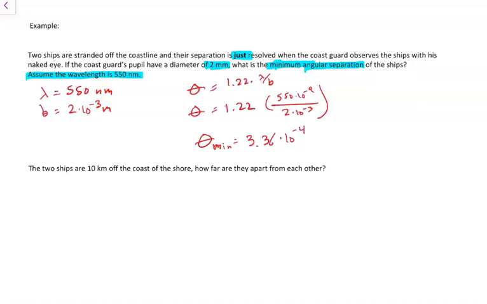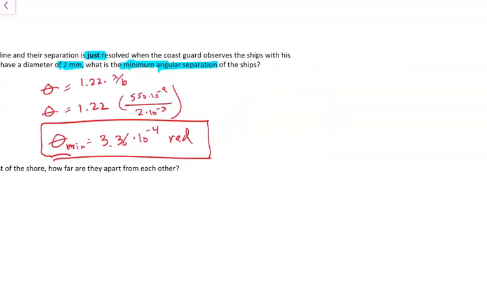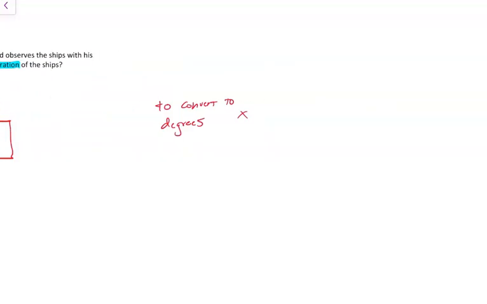And we have to remember that when we don't use an inverse sine, and we're using small angle approximations, these are all in radians. That's not degrees, so these are in radians. And you can leave it as radians, it's fine. If you were to convert it to degrees, you would multiply by 180 over pi.